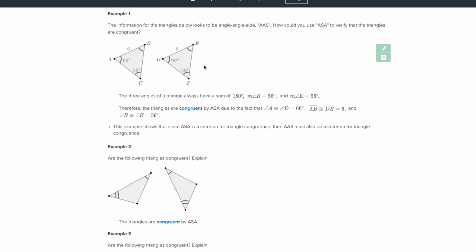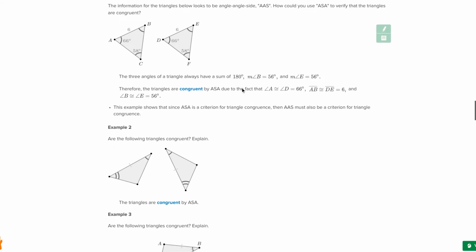I could measure these two sides, and if I did the same thing with BC and AC, I would wind up seeing where the two rays cross here. They have exactly the same length, BC, AC, EF, DF. We'll play with that in class, but that's the basic idea of why an angle side should work. All right, cool.